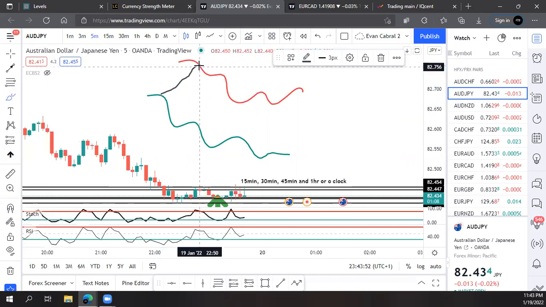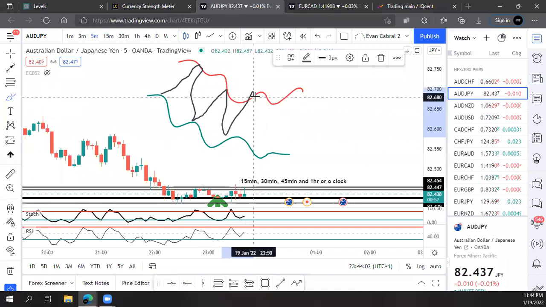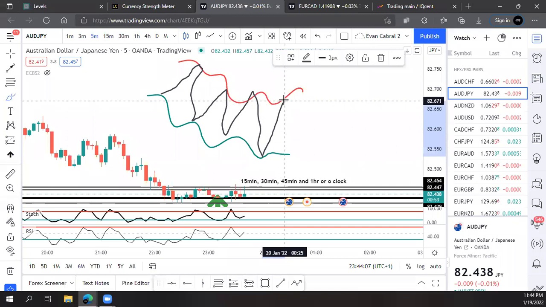I'm expecting the Bollinger Band to catapult the market back. If it gets to the green, I'm expecting it to go up like this, right? So it's just like an extra confirmation.